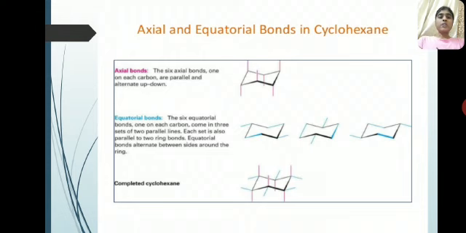There are also 6 equatorial bonds, one on each carbon, which come in 3 sets of two parallel lines, and each set is also parallel to a ring bond. Equatorial bonds alternate between sides around the ring, and the completed cyclohexane is shown in this figure. 6 hydrogens are axial and 6 hydrogens are equatorial.